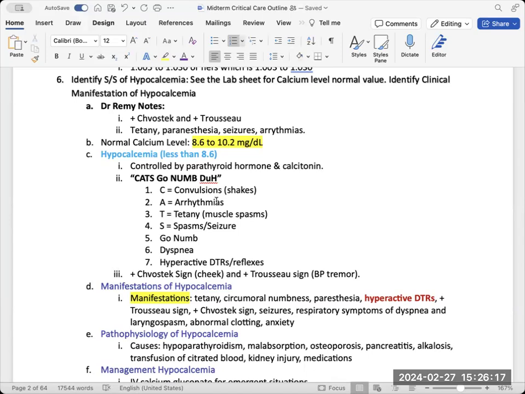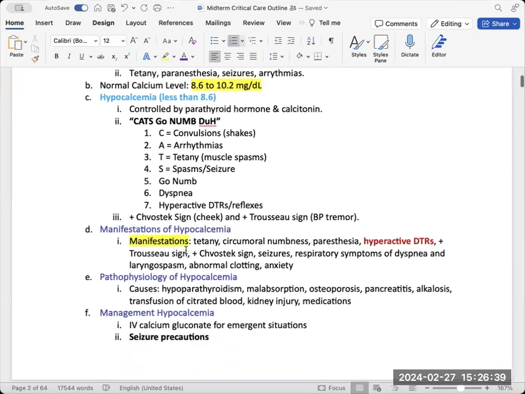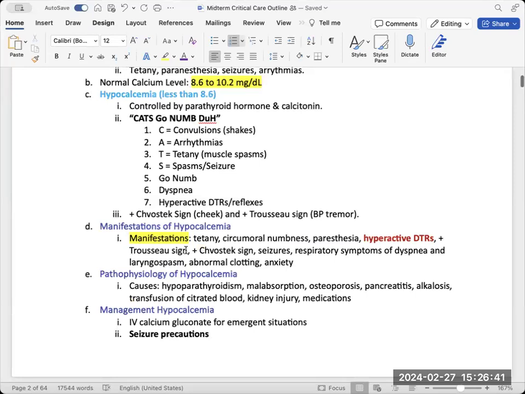Just know around 8.6 to 10 point something is around that normal range of calcium, but the textbook says 8.6 to 10.2, and sometimes they use 8.8 to 10.4. But I would just know a reference. Like I said, I've never personally seen questions where they're so meticulous to the number. So hypocalcemia, we're thinking about, right, let's just use this value for reference of 8.6 or lower.